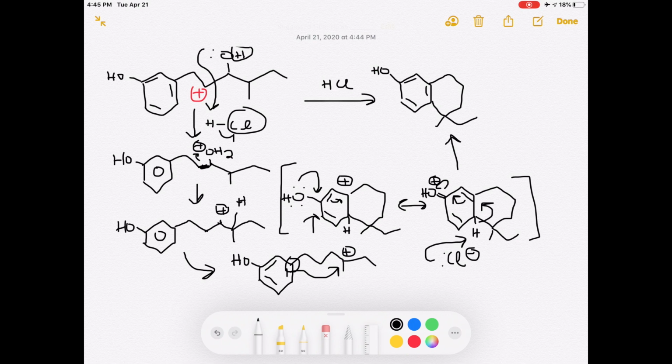What I mean by that is, for example, in the rearrangement I went from a secondary carbocation to a tertiary carbocation, which is lower in energy and more stable.